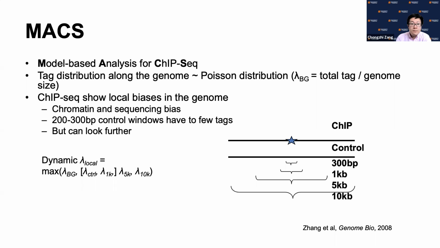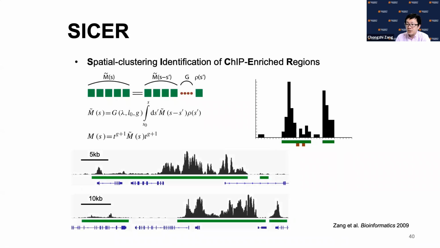Because of time, I will skip the technical details of these algorithms. But the point is that MACS is used to call sharp peaks, whereas SICER is used to call broad peaks.